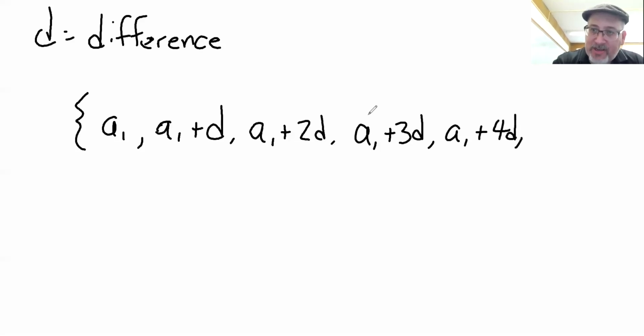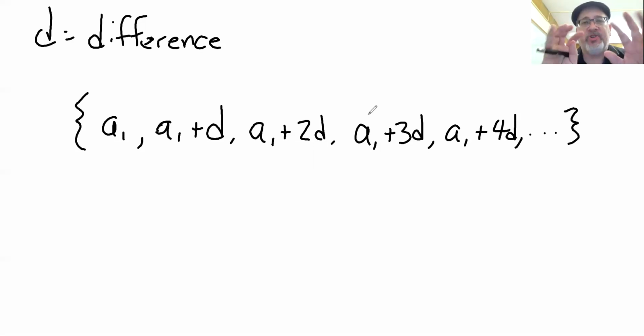So you can almost think of it as how many differences do I have to add to get from the beginning to whatever. Now, here's the trick I want to show you, because what I'm about to show you can be applied to many sequences, not just pretty ones like arithmetic sequences. One trick to massaging the function out of a sequence is to try to expose the pattern 1, 2, 3, 4, 5 within the terms of the sequence.